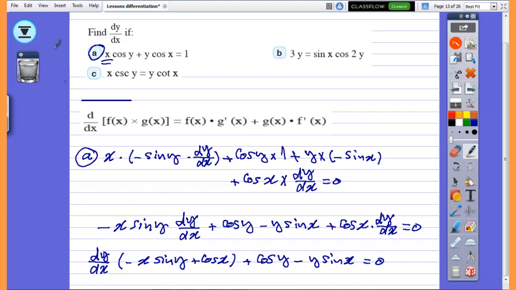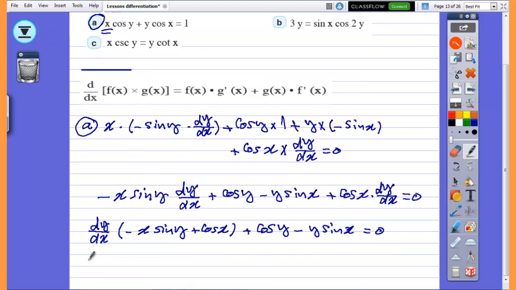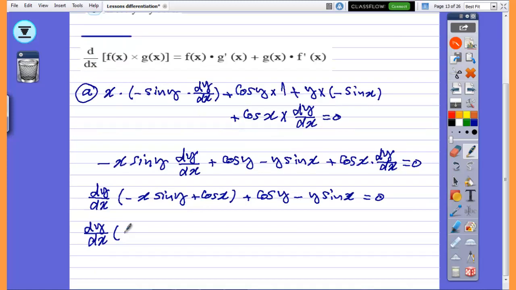Now it is easy to separate dy/dx. The first step, we write dy/dx multiplied by (negative x sin y plus cos x) equals positive y sin x minus cos y.